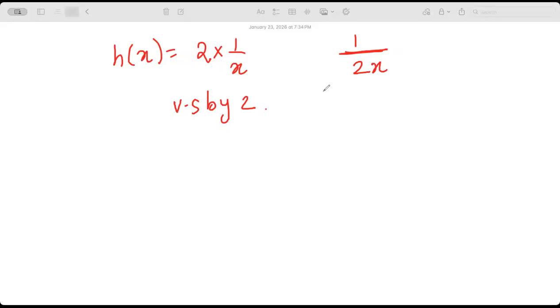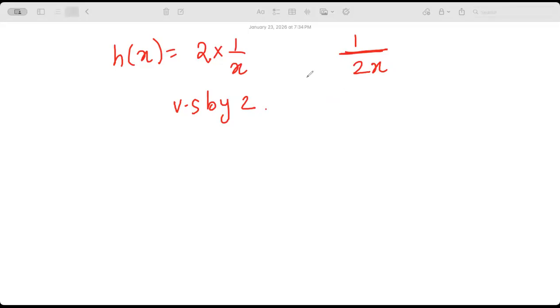Horizontal compression by 1/2. Correct. Horizontal compression by 1/2. Okay. Anybody not able to grasp this?